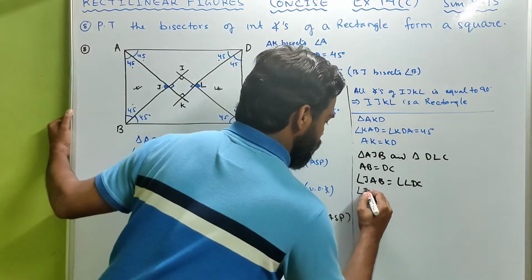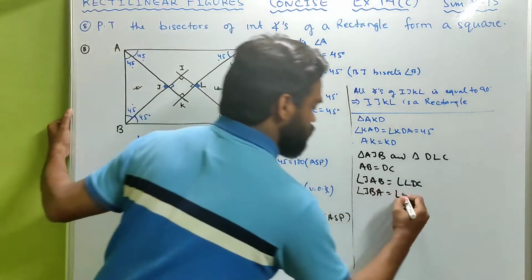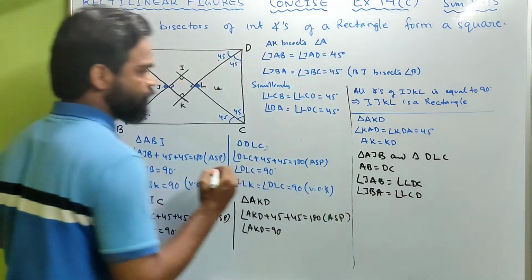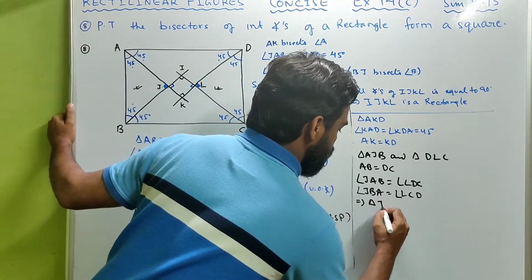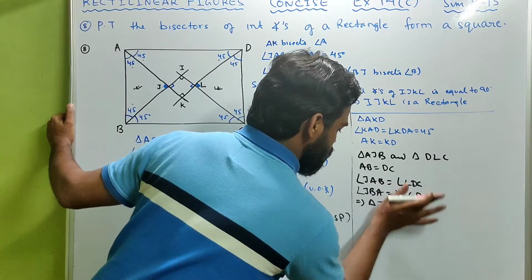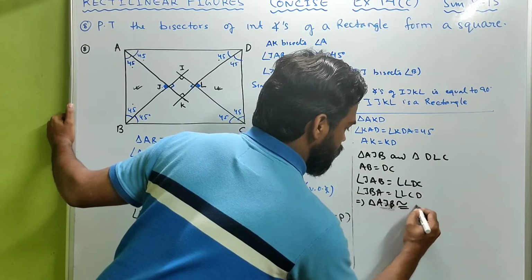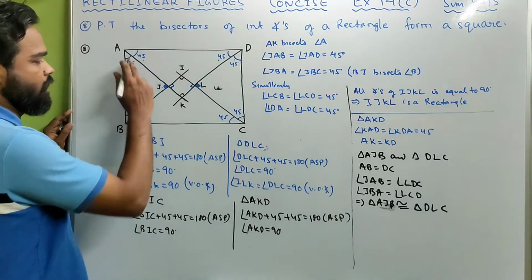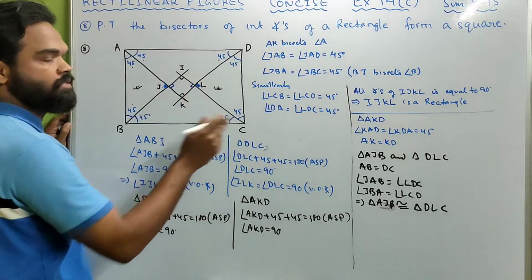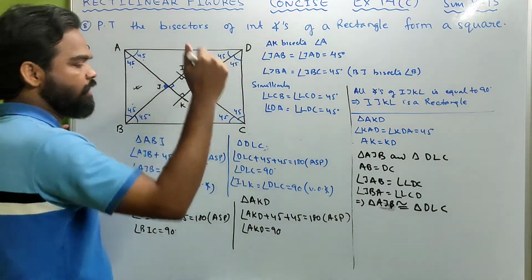Angle JBA is equal to angle LCD, again 45 degree each, which means these two triangles are congruent, which means triangle AJB is congruent to triangle DLC. If they are congruent, we can say that AJ and DL are same.